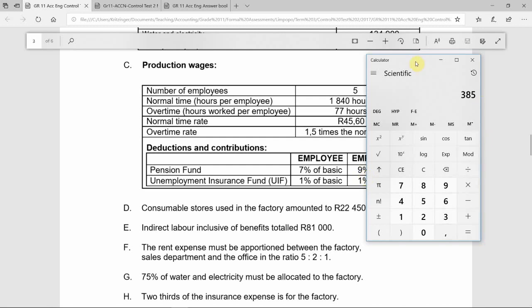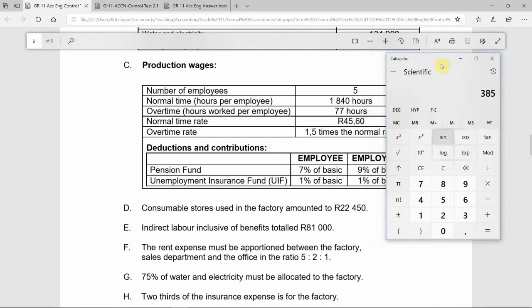So we have in total 385 hours of overtime. And now the overtime rate is 1.5 times the normal time rate. So we have to multiply by the normal time rate firstly, 45,60, but then it is still 1.5 times that, so multiply that by 1,5, so it's in fact 26,334 Rand in totality.